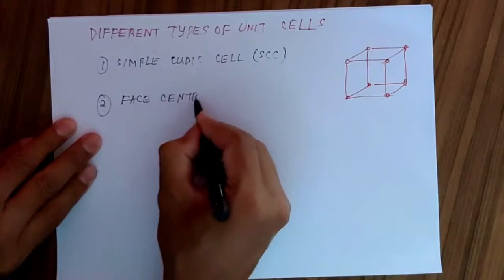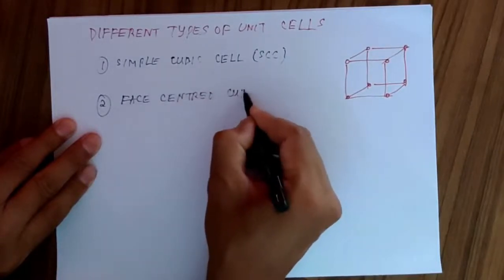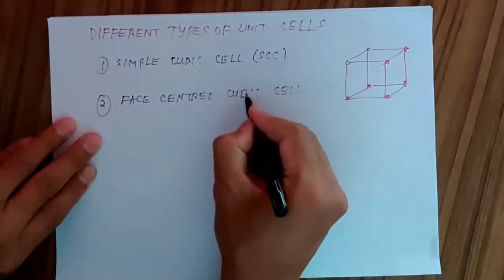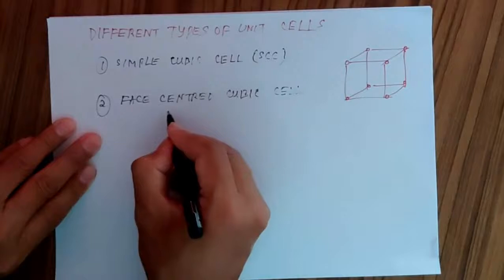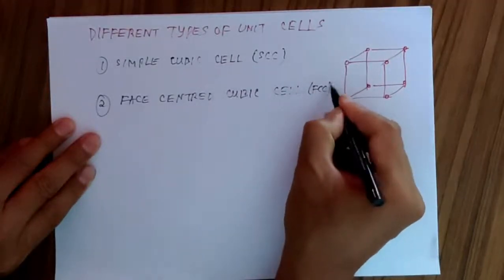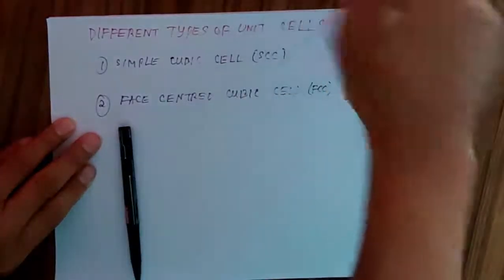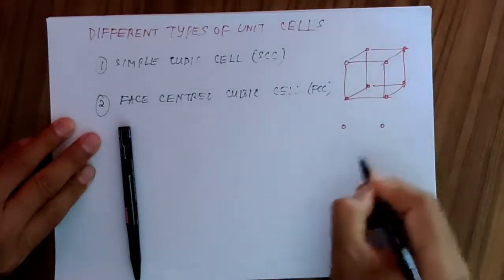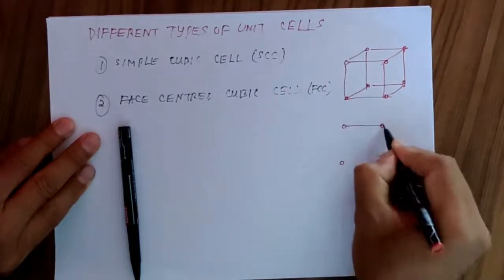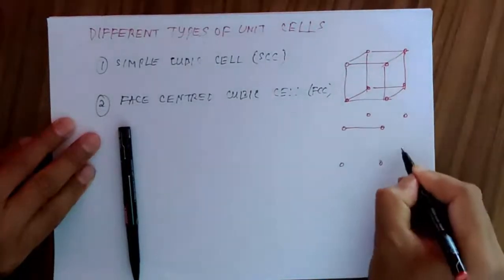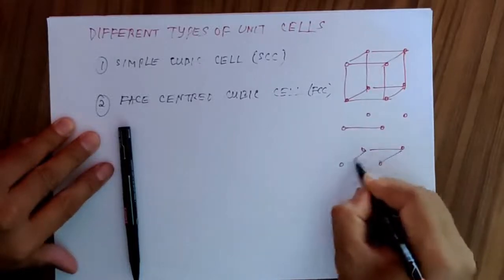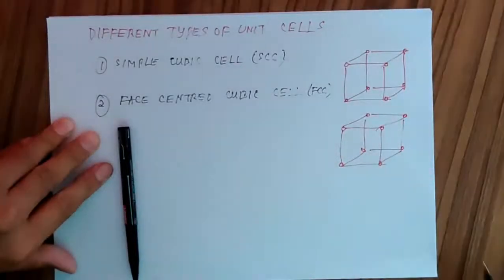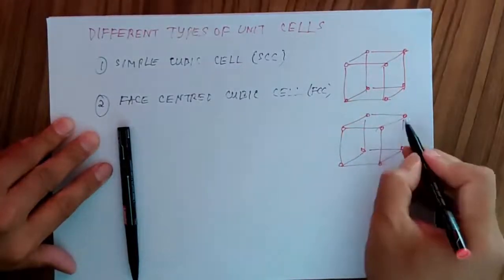Face centered cubic cell, abbreviated form FCC. Structure ka yedani amasa. Simple cubic drama sadin, simple cubic corner giat.